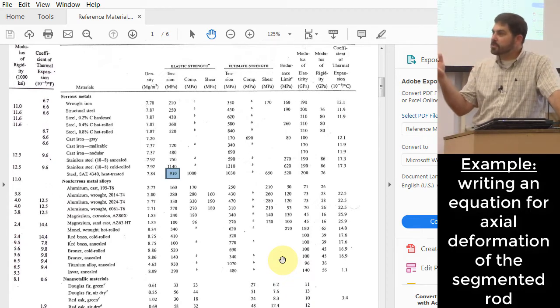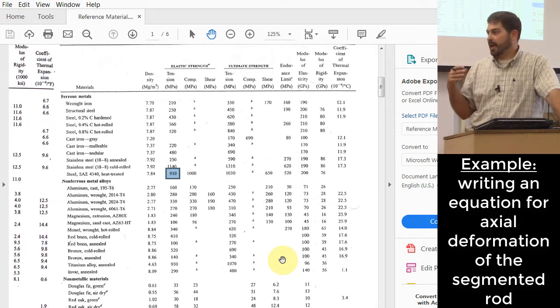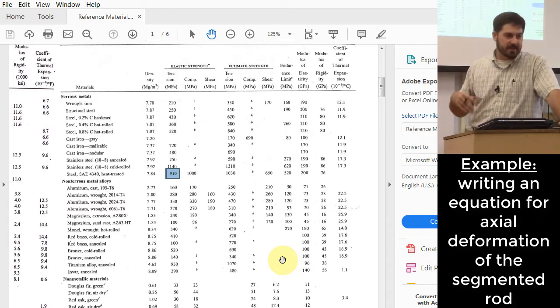Now, we're not trying to answer a strength question right now, except this whole discussion that we're having about how much this rod deforms only works insofar as the rod stays in its elastic range. Our whole discussion here is predicated on that rod not deforming plastically. Why don't we use our most strong value for this, just for the heck of it?